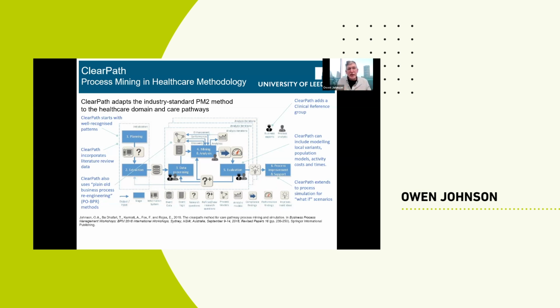In the ClearPath method, probably the biggest single take-home, I would say, is this top right-hand corner. Get a clinical reference group of domain experts who can advise you on what you've done and whether they think it's useful. The second piece of advice is do this in iterations. The way I've done these projects successfully is to book all my domain experts once a month in advance for the whole project.